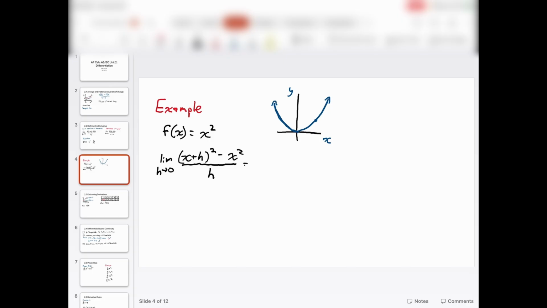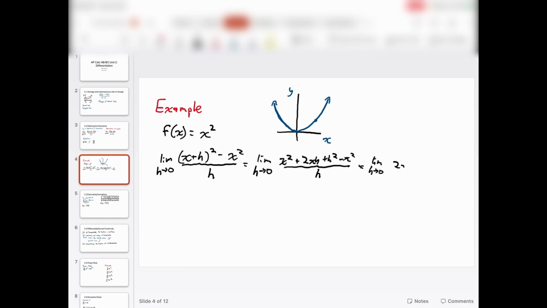Now factoring this out, you'll get the limit as h approaches 0 of x squared plus 2xh plus h squared minus x squared all over h. As you can see, we have a common x squared on top, so we can eliminate those.